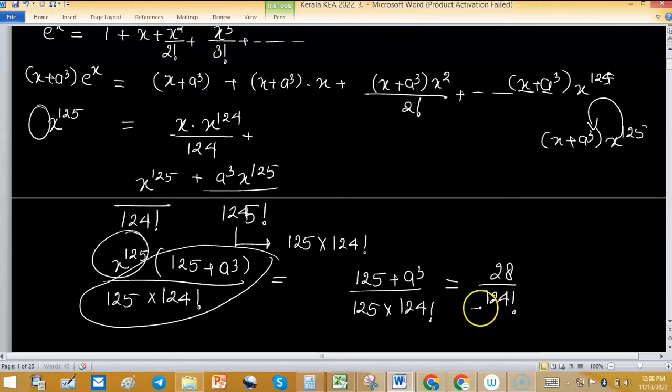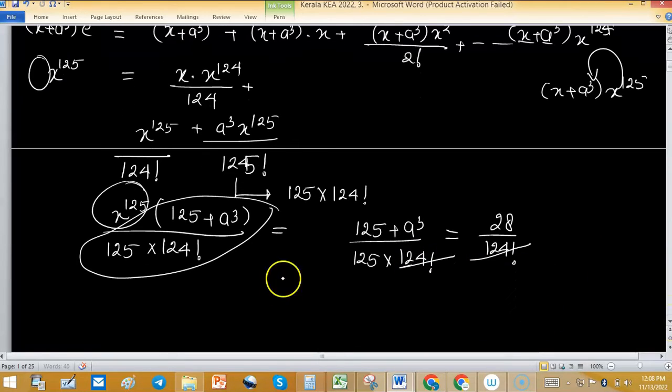It is given in the question. 124 factorial cancels out. What we have is 125 plus a cube equals 28 into 125.